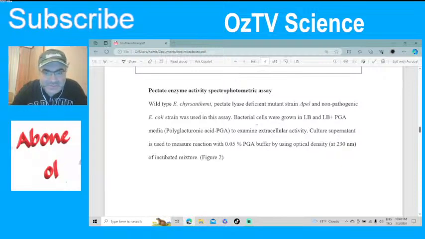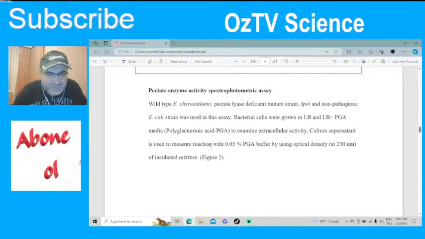So this experiment was carried out in a device, and you use spectrophotometry. Culture supernatant, remember this word. It's the liquid. Once you separate the culture from the liquid, that liquid is called supernatant.